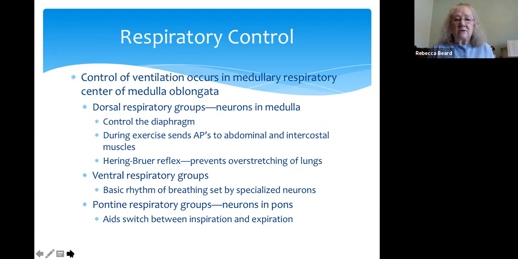There is one reflex, the Hering-Breuer reflex, that is actually going to prevent the overstretching of the lungs.